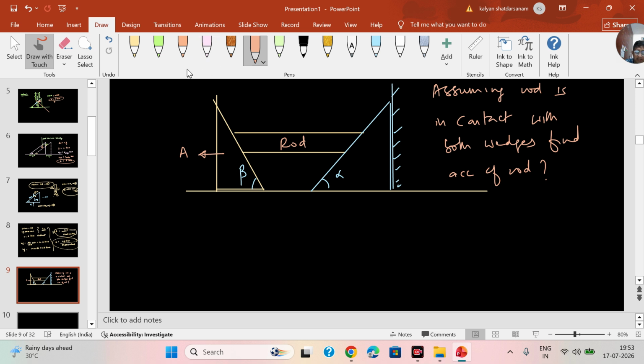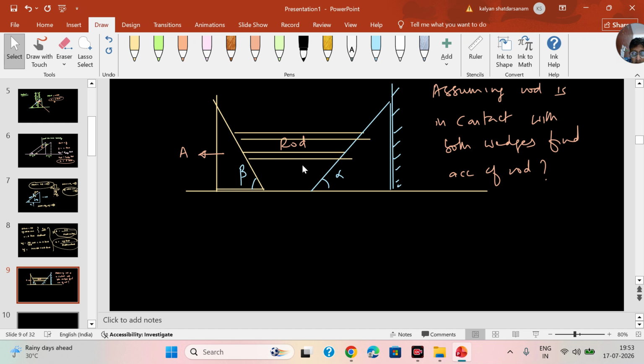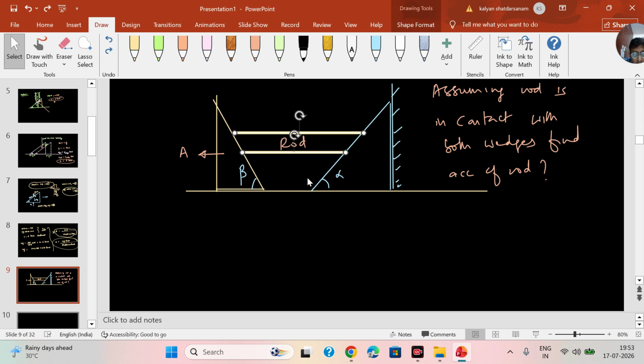See, the first thing you see, this rod's motion is very strange. It cannot just come down like this. For example, let me just copy this and try to draw it a bit down.